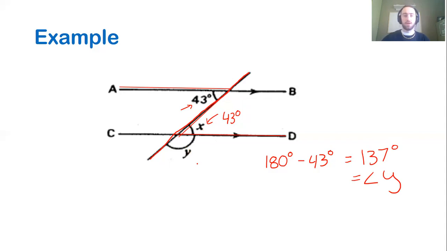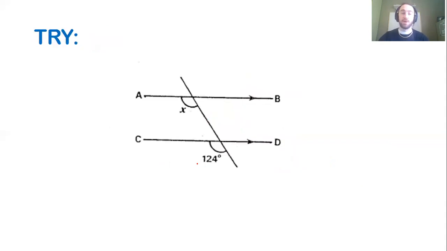Let's give another one a try. Now I want you to pause the video and try this one on your own. Did you give it a try? Great. So with this one, you might think, well, I just did a Z pattern question, I'll probably give you an F pattern question. And you're right. So where is the F pattern here? In this case, it's backwards. But we know with F patterns, it's the corner angles that are equal.